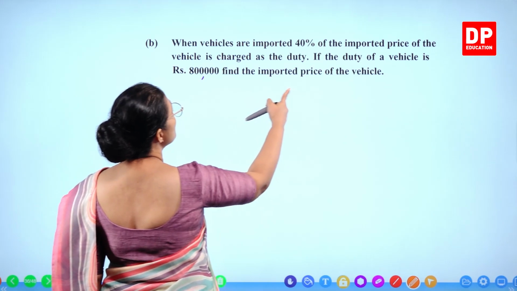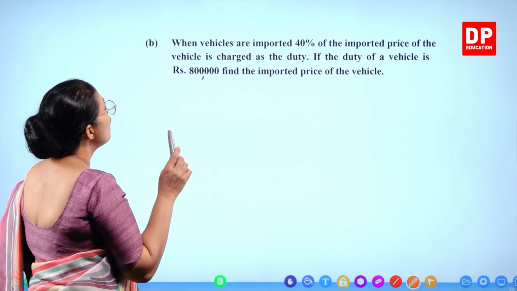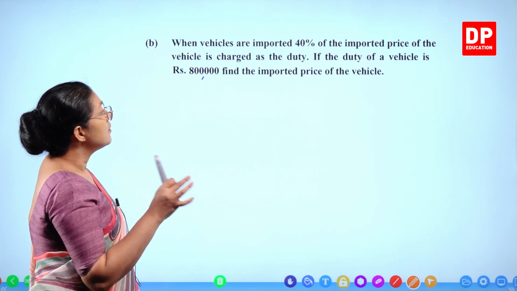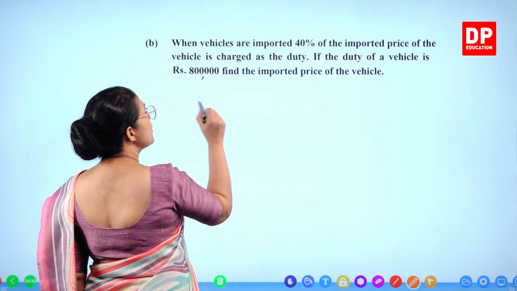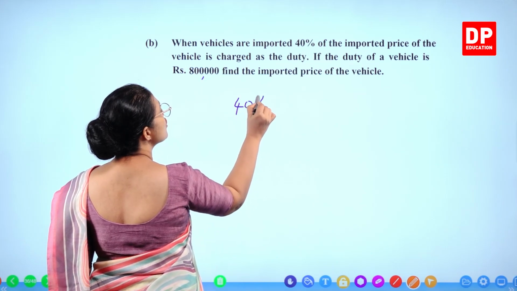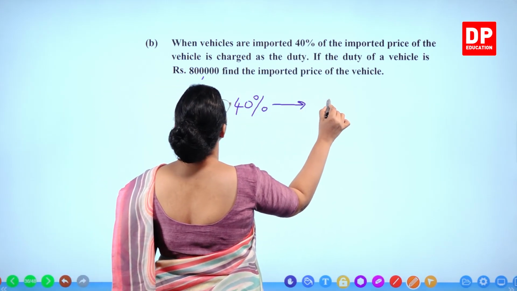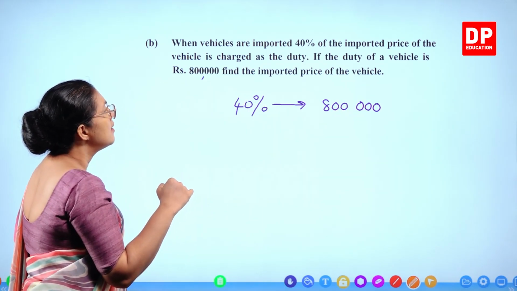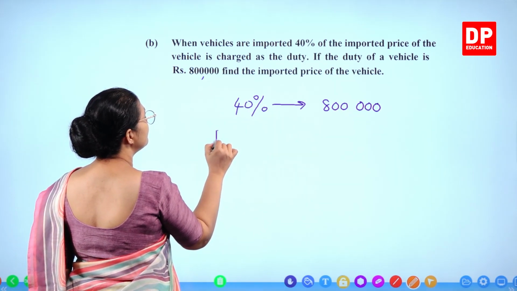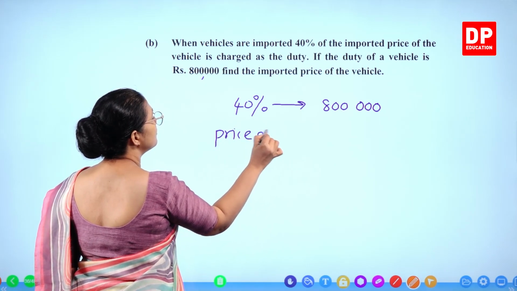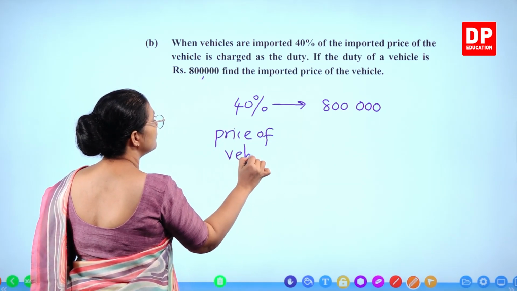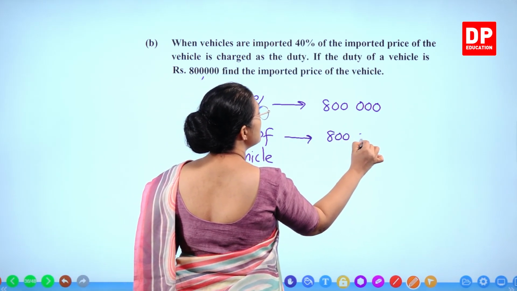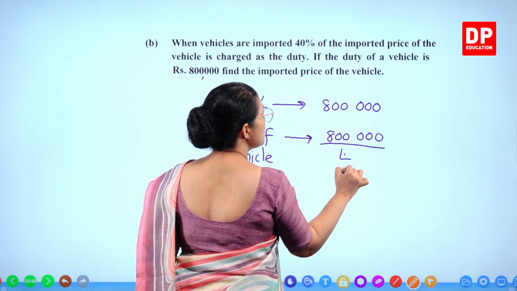So what is the imported price of the vehicle? 40% is charged for the duty. The duty is this one. That means 40% value is this much, 800,000 rupees. So what is the price of the vehicle? 800,000 is the 40% value.